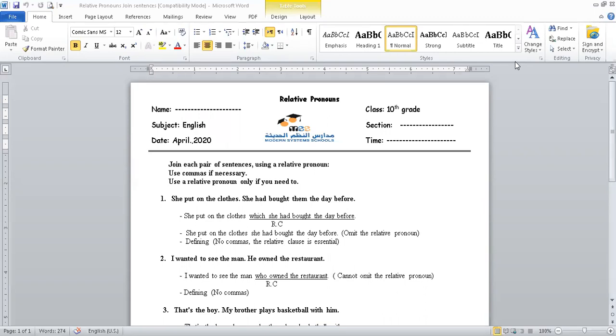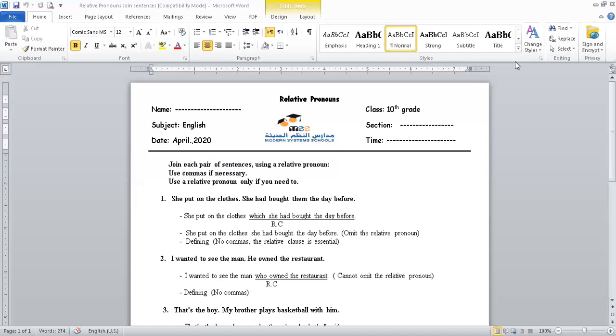She is the subject, so the clothes is the object. The sentence becomes, she put on the clothes which she had bought the day before. We use the relative pronoun which to define the clothes.